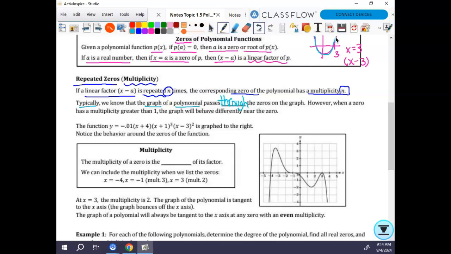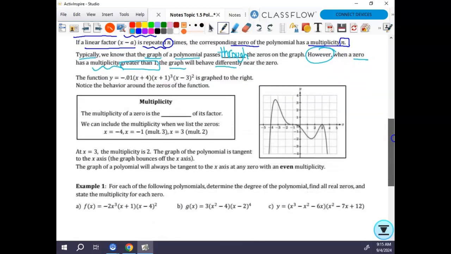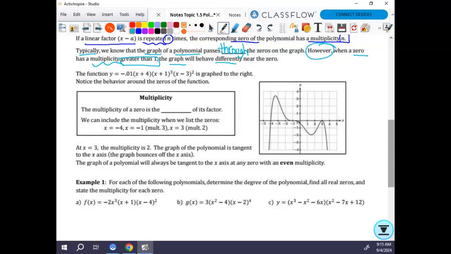Then it says, however, when a 0 has multiplicity greater than 1, the graph will behave differently near the 0. Okay, so that's one thing that we're looking at now. Not just, hey, these are zeros, but what do we know about these zeros? How many are there? So forth and so on.